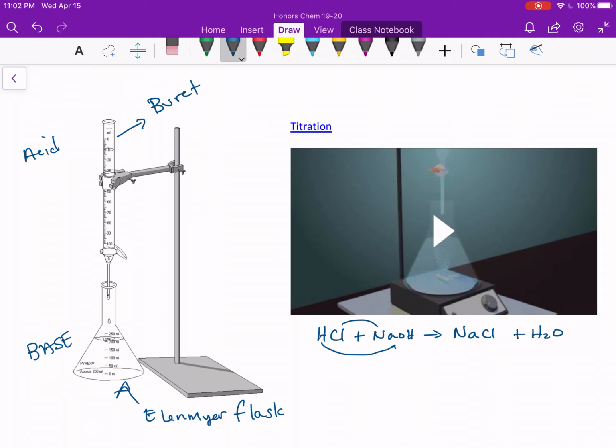And so what we would do when we do this titration is up here, let's say that we had our acid, and so here we would know what we're going to have. Let's say we had 0.1 molar HCl. And down here, we have our base, we have our NaOH, but the problem with our NaOH is we don't know its concentration.